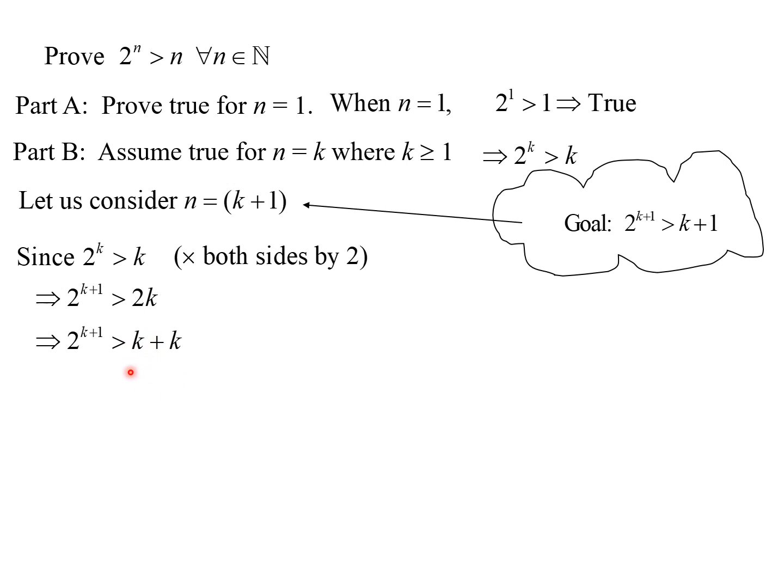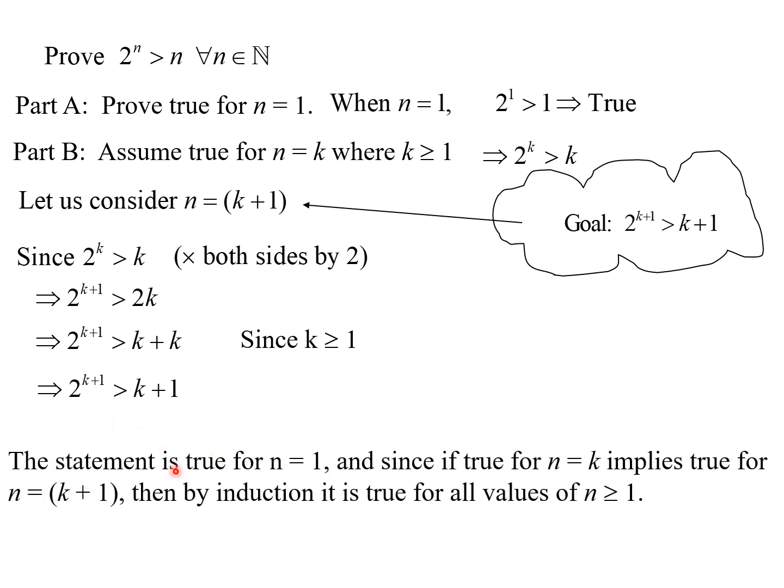So we need to do some algebraic modification here. In this case, since k is larger or equal to 1, because k is n and n has to be a positive integer, that's why k is larger or equal to 1. And so obviously 2k plus 2 to the power of k plus 1 will be definitely larger than k plus 1.